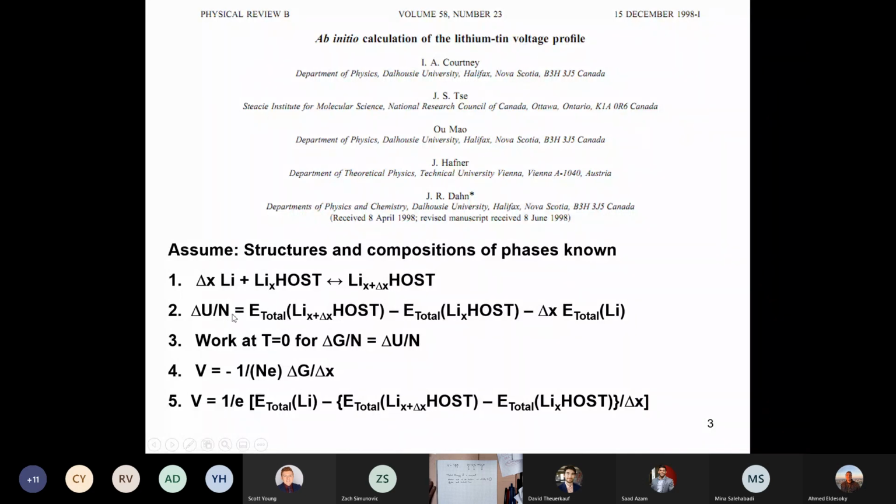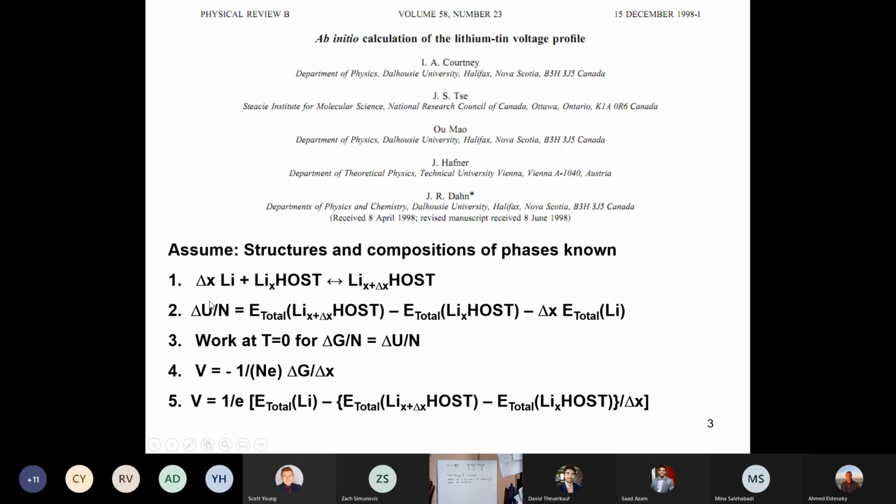And then if you want to know the change in free energy of this reaction, you would take the free energy of the products minus the free energy of the reactants. But here we work at 0 temperature, so the free energy is the same as the internal energy, which is the same as the total energy.